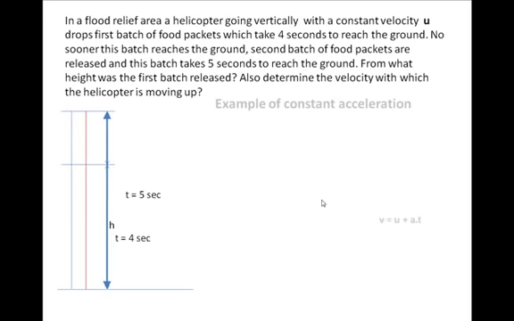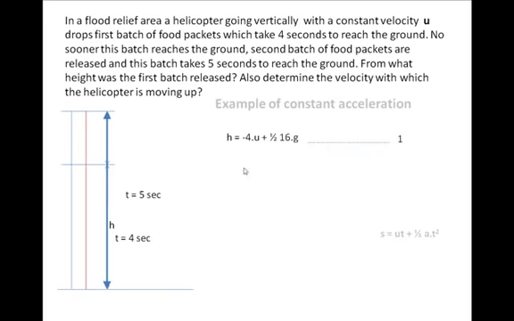See, when it's a constant acceleration, you have our very basic three kinematic equations. v is equal to u plus at, s is equal to ut plus half at square, and v square is equal to u square plus 2as. Out of which we are going to use s is equal to ut plus half at square for this problem.